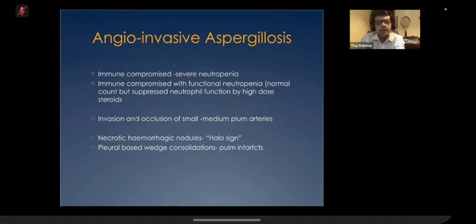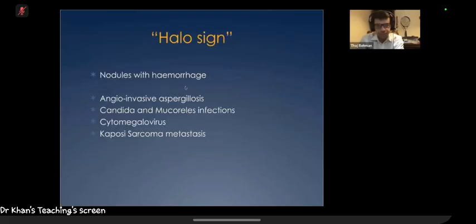What happens is invasion and occlusion of small and medium-sized pulmonary arteries, resulting in necrotic hemorrhagic nodules with halo sign, or they can also result in pleural-based wedge consolidations, which are actually pulmonary infarcts. So multiple nodules with surrounding hemorrhage, halo sign, or multiple pulmonary infarctions. Those are the features of angioinvasive aspergillosis.